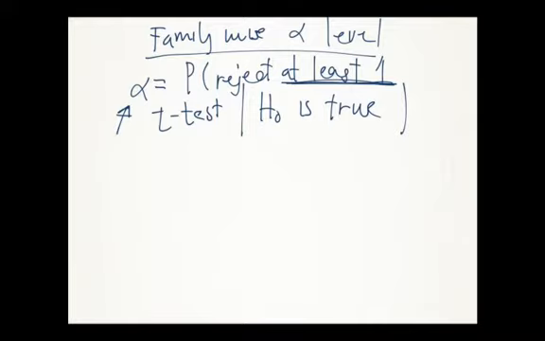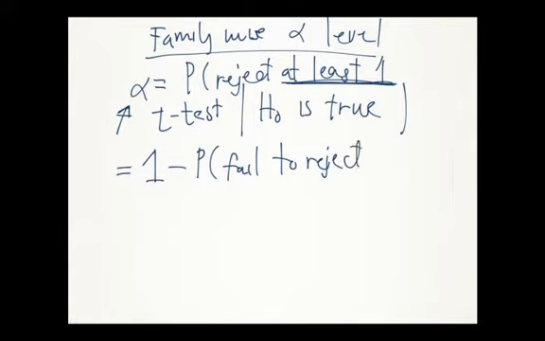So how do we calculate this? We'll do it in the same way that we did before. We'll just say that this is equal to 1 minus the probability that we fail to reject all t-tests, given that the null is true.